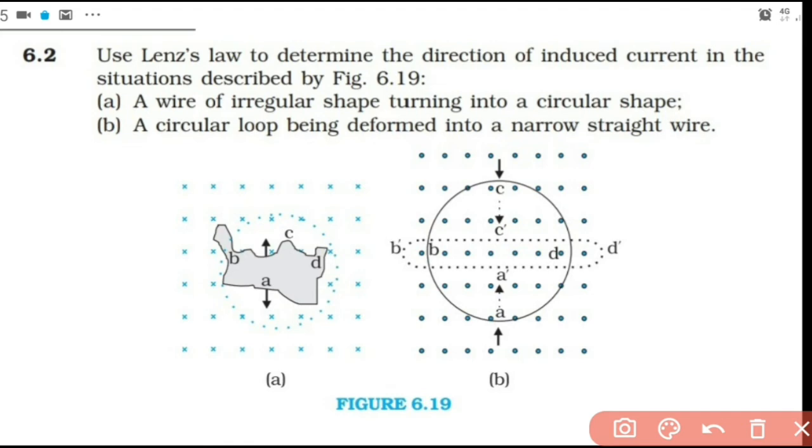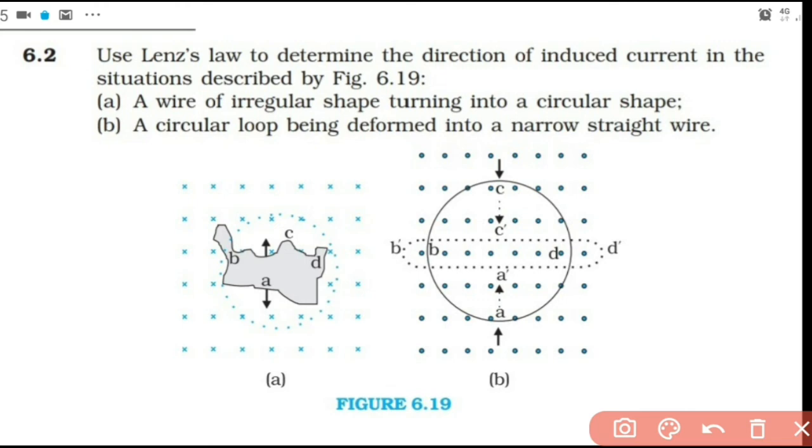Now coming to B part, here the change is circular shape changes to narrow straight wire. Here the existing magnetic field is in outward direction. So when it is made to a narrow straight wire, area is decreasing. So we can say that in the outward direction, the magnetic field is decreasing. Since it is decreasing, the induced current should produce a magnetic field in the same direction to increase the magnetic field.